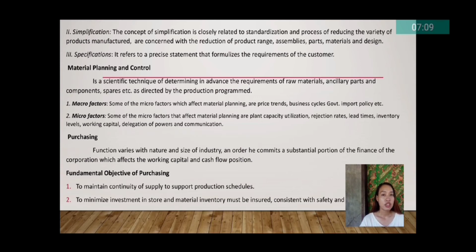So, under niyan, there are two factors. First, macro factor. Second is micro factor.